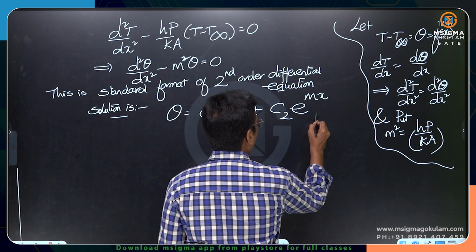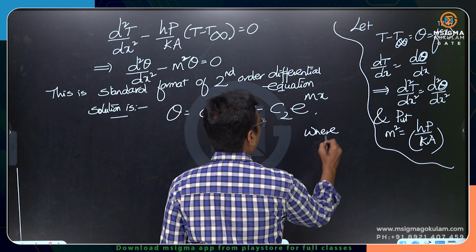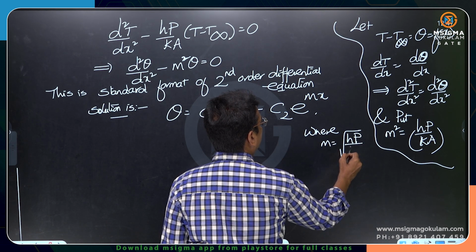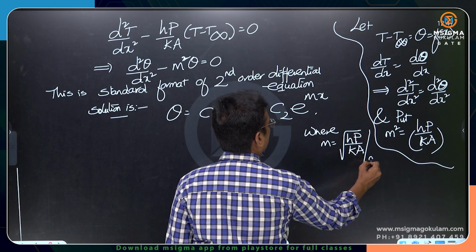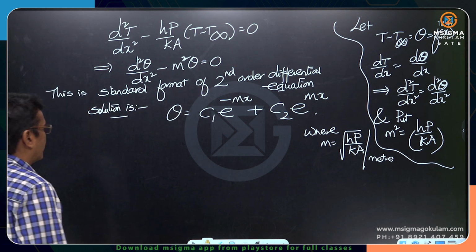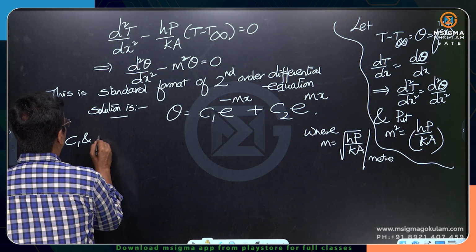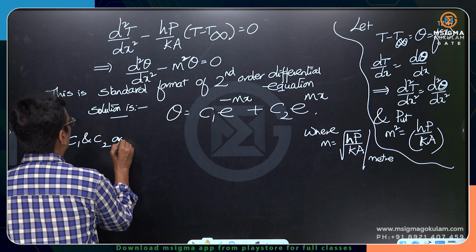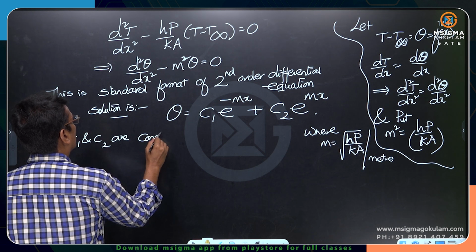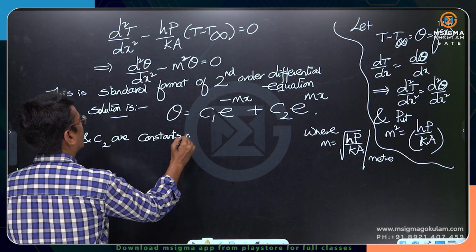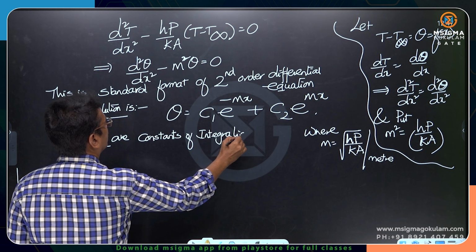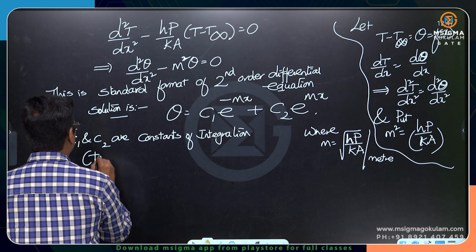Where m is equal to root of hP by kA. Its units are per meter. C1 and C2 are constants of integration to be obtained from boundary conditions.